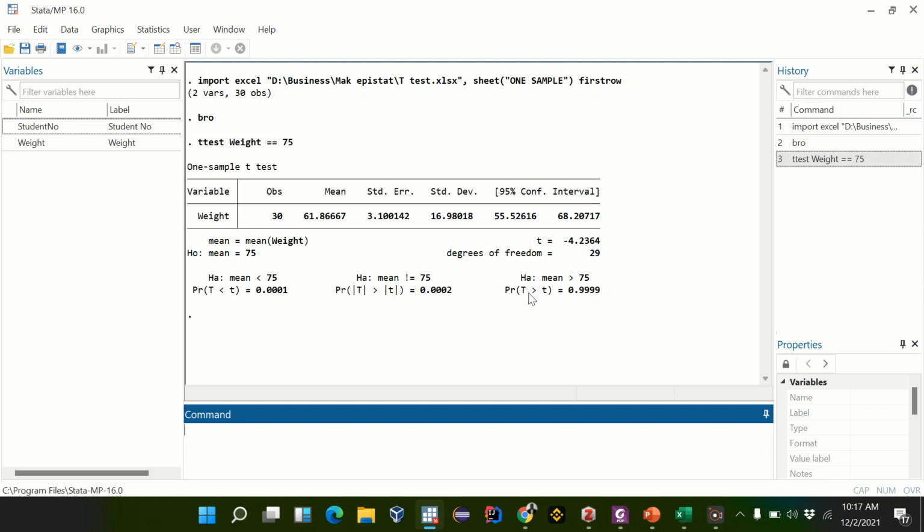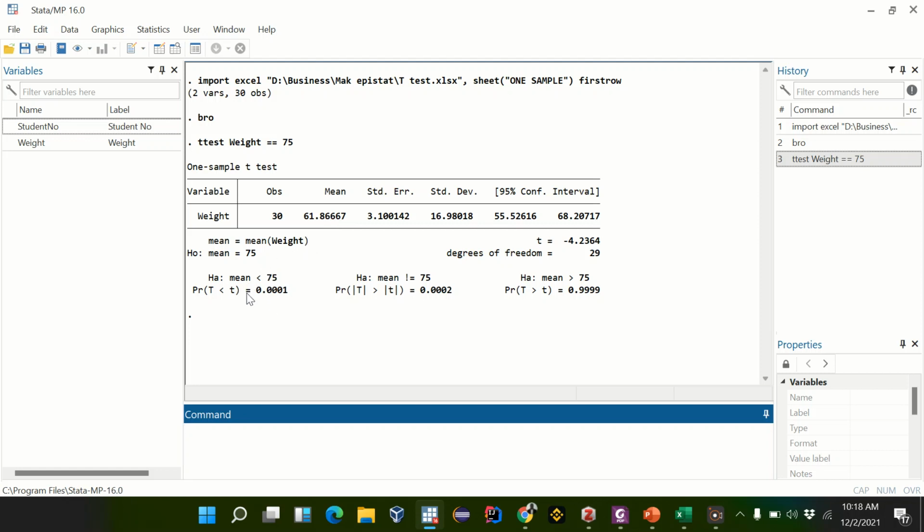So if our hypothesis was there is no difference, but looking at this and this, there is a difference, and that difference is statistically significant. So this 61.8667 is statistically different from 75 for this sample of students. So if we say the mean is less than 75, the 61.8 is statistically less than 75.